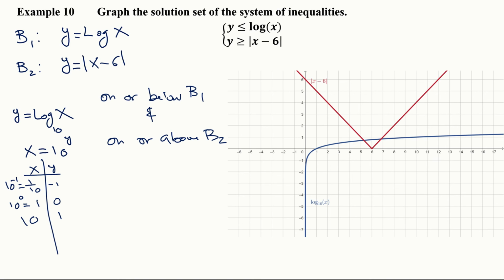Remember, we're calling the blue graph B1, the blue function there, and the red one is what we're calling B2, right? So we want to be below the blue curve here, right? The log curve. So don't look up here anymore. And at the same time, above the red one.